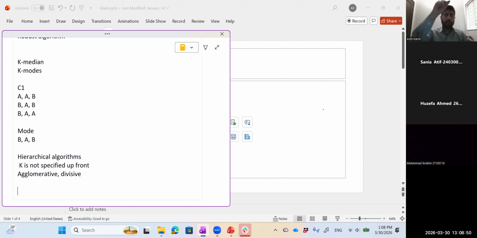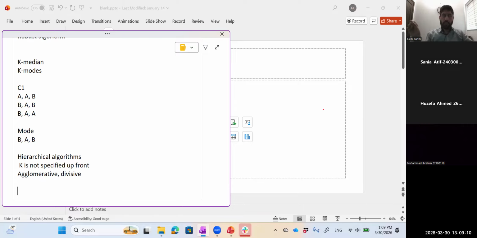So this forms a hierarchy of clustering. At the bottom you have n clusters. At the next level you have fewer clusters, then fewer still, until you get one cluster, which of course is useless.